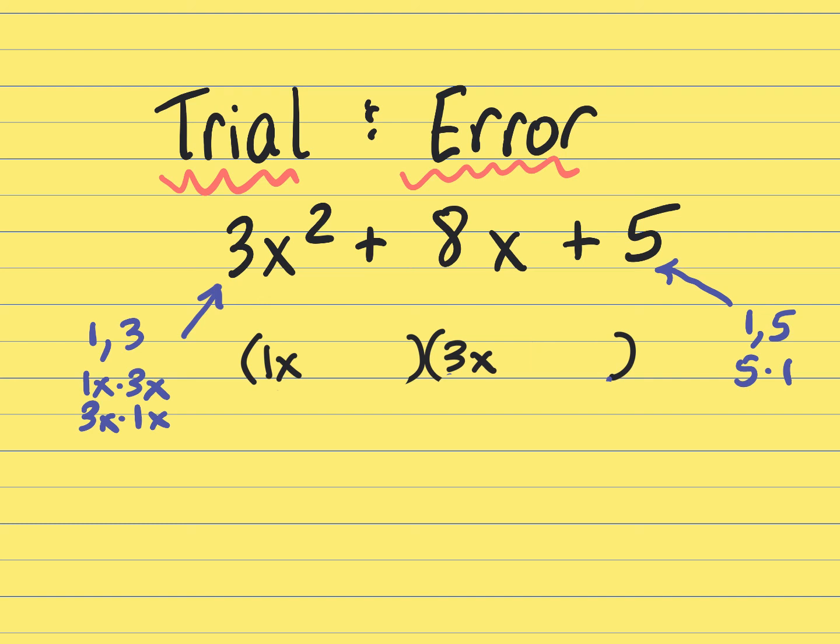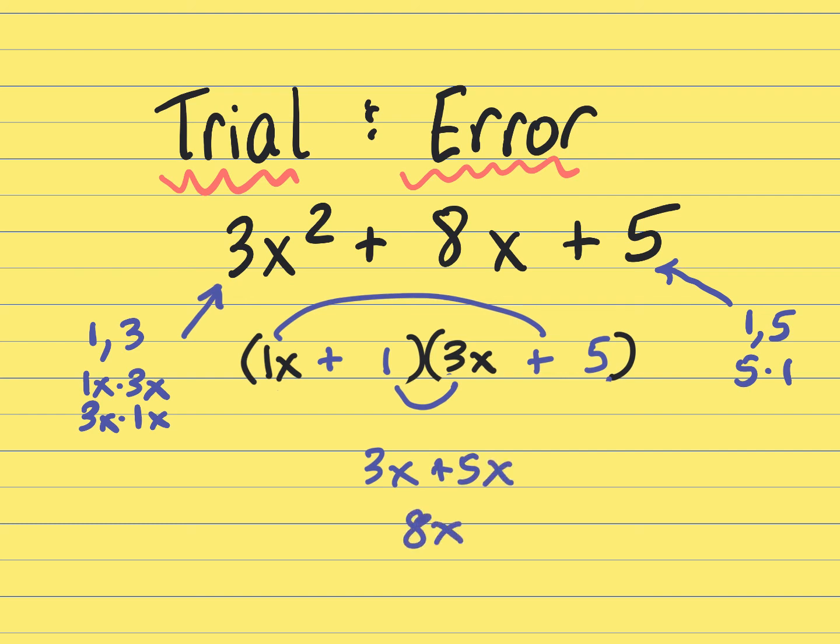So I'll keep my purple and I'll say plus, and I had this as 5 and 1 before, and I'm going to change it to 1 and 5. I don't really need to check my first and my last term, so I just need to check my middle terms. So I end up with 3x and 5x, which gives me 8x. So you should notice that is the same answer that we got the other two ways.